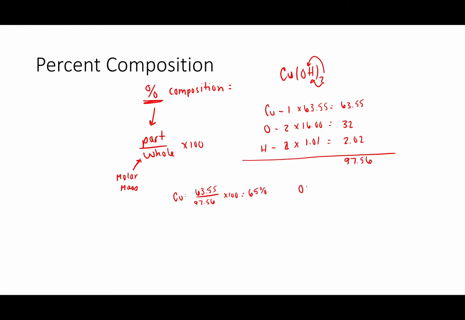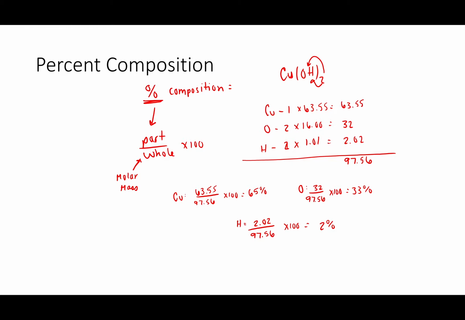For oxygen, I'm going to do 32 divided by 97.56 times 100, and that gives me 33% oxygen. And hydrogen, last but not least, 2.02 divided by 97.56 times 100 gives me 2%.